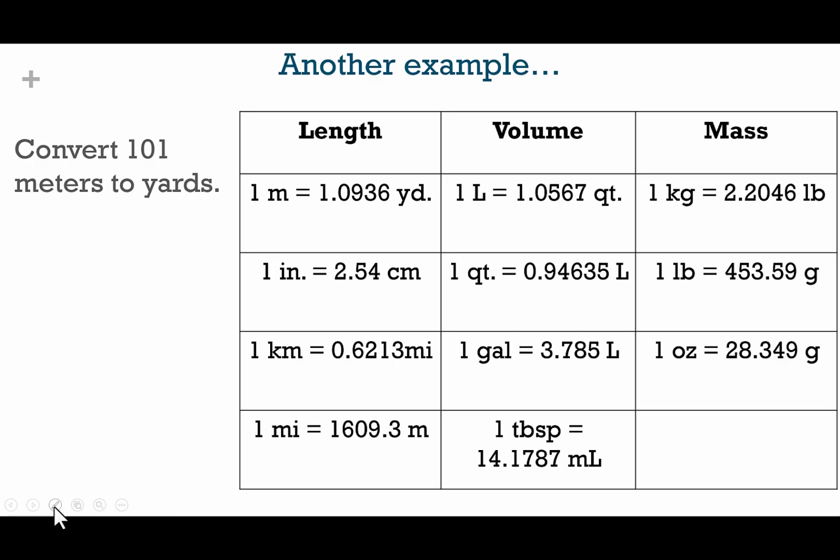To solve this problem, the very first thing we're going to do is write down the information that's given. So I'm going to write down the measurement that was taken. That was 101 meters. So I'm going to use this slide to do my work. So 101 meters.